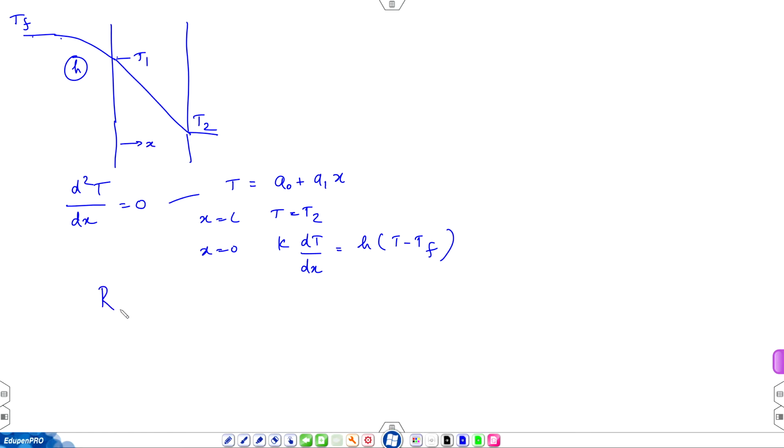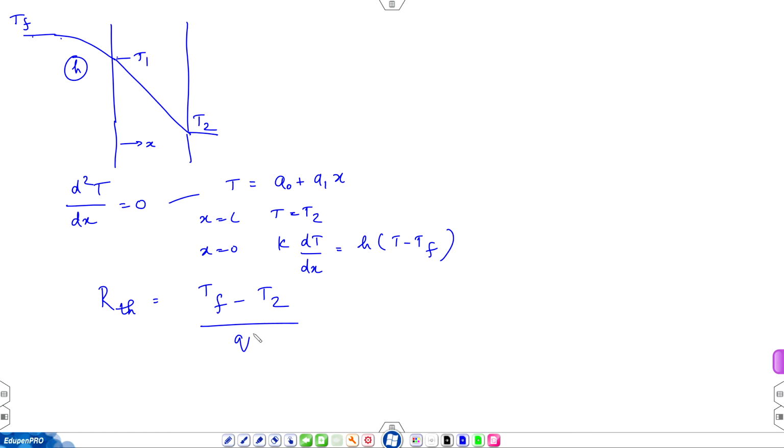So, in this case, the thermal resistance is defined as Tf minus T2 divided by Q. Okay, it is the overall temperature difference divided by the total heat flux passing through the wall.